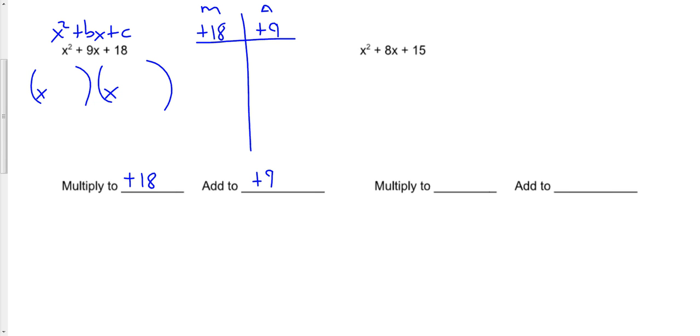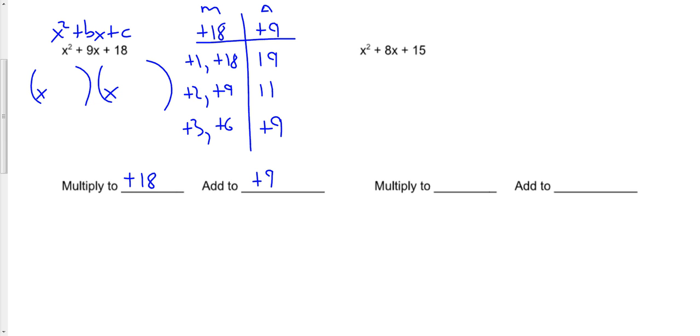Positive 1 and positive 18 multiply to 18, and those two numbers add up to 19. Positive 2 times positive 9 is also 18, but when I add them together, that gives me 11. Positive 3 times positive 6 will also give me positive 18, and when I add them together, that gives me positive 9.